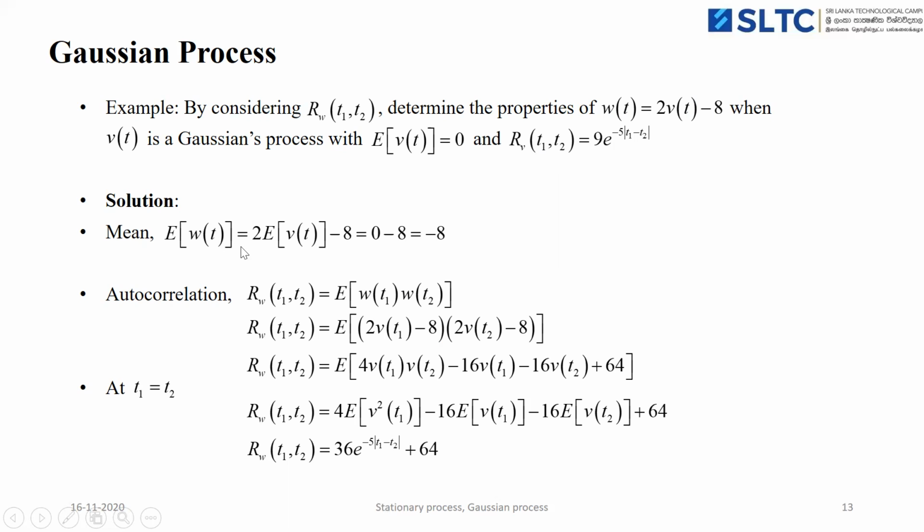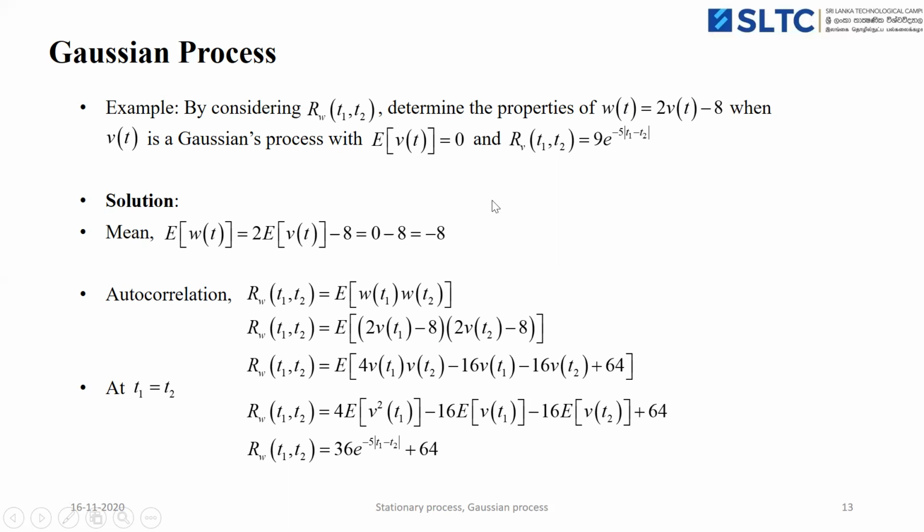So the expression of W of t, substitute that, W of t equals 2 V of t minus 8. Since 8 is a constant, we can take the expectation for the random variable V of t. So 2 into expectation of V of t minus 8. Since we know that expectation of V of t equals 0, it is given in the problem, we are getting the mean value equal to minus 8.